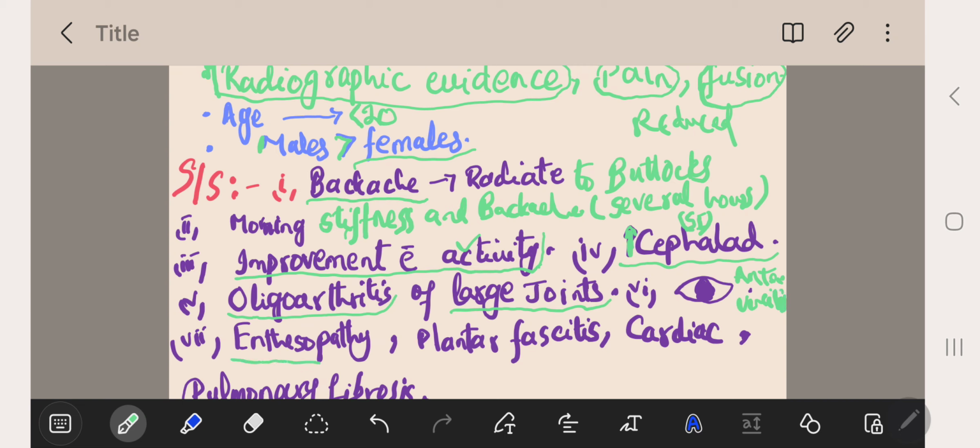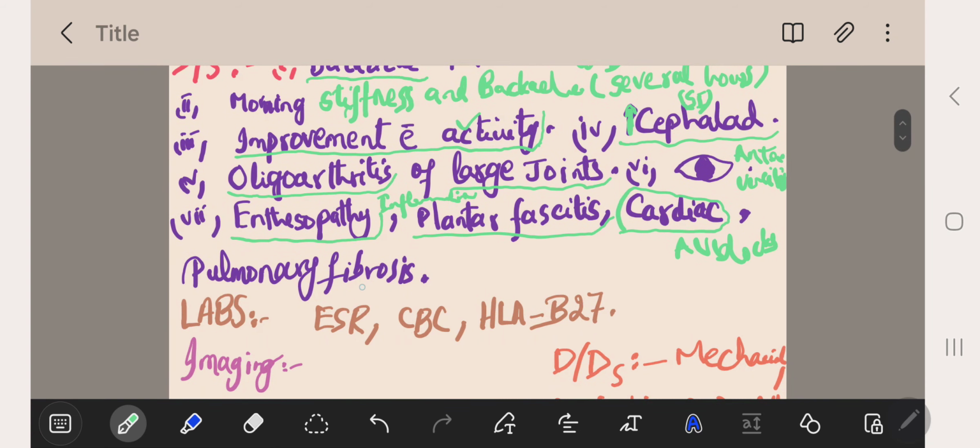You can also see enthesopathy, that is inflammation of the tendons at the site of attachment with the bone, plantar fasciitis of the foot, and there is also some cardiac involvement that can result in AV blocks. Furthermore, you can also see pulmonary fibrosis in some patients, and also bronchiectasis can be seen.